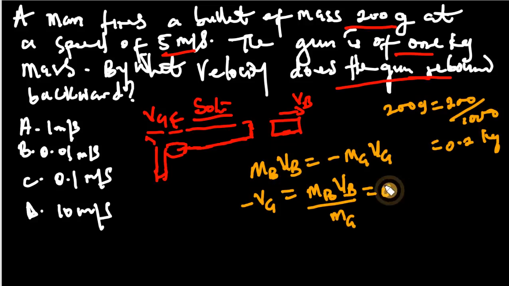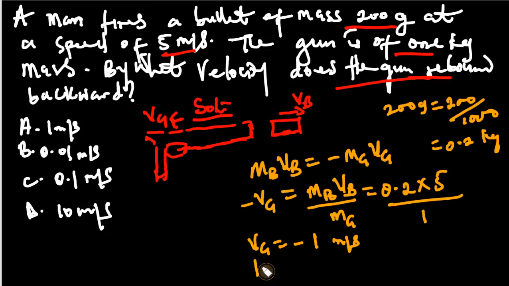So we have 0.2 times vb, the final velocity of the bullet, given as 5 meters per second, which is already in SI unit, so we don't need conversion. mg is the mass of the gun, 1 kg, so no need of conversion here, so we have 1. If you do this math, you have vg equals minus 1 meter per second. Taking the magnitude of the final velocity of the gun, we have 1 meter per second. So option A is the correct answer.